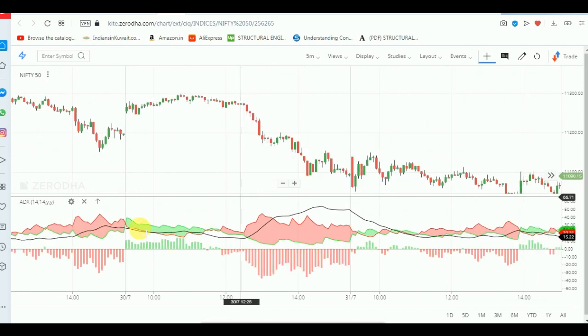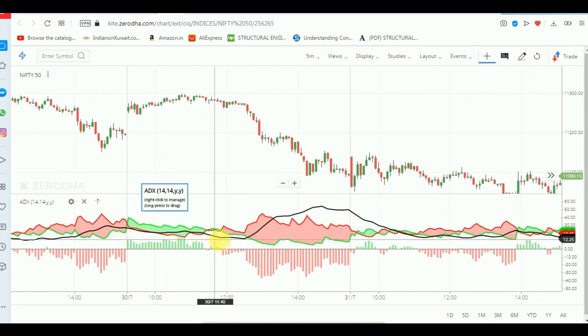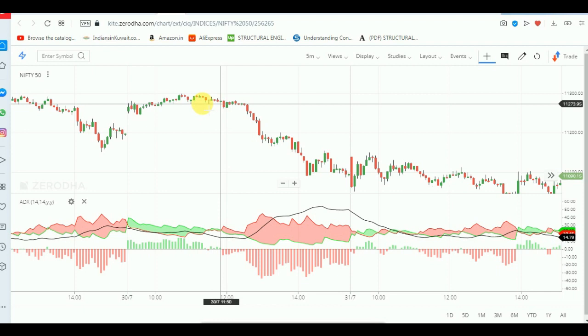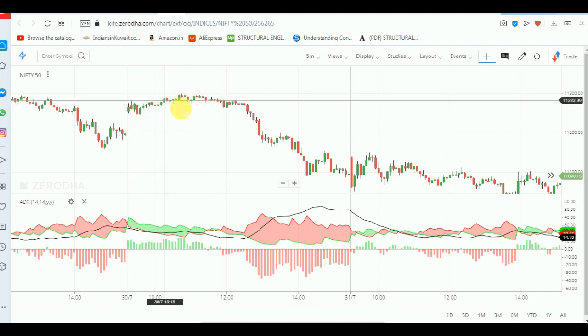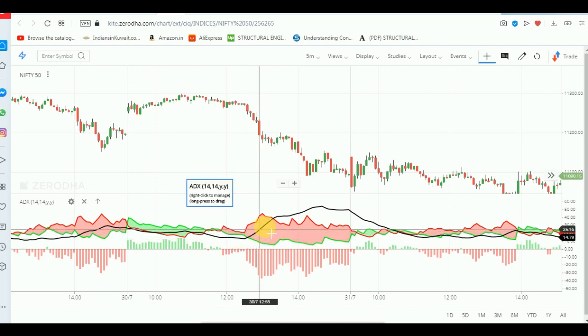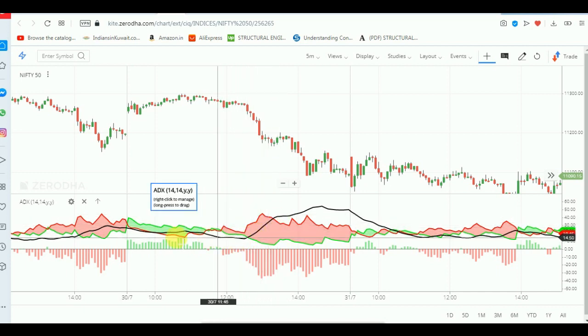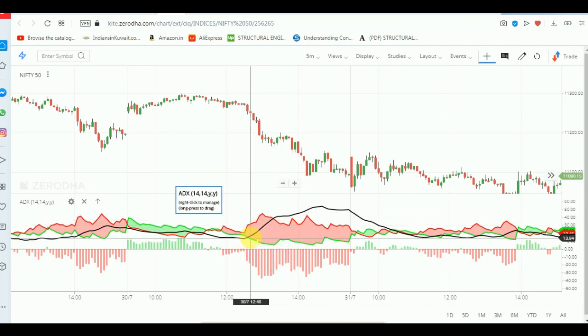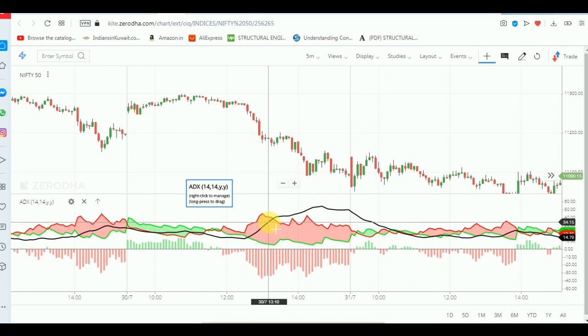Here you can see this average directional movement index is moving in a flat way till here, and here also there is no huge movement, and suddenly after some time it started moving in the upward direction, right? You can see from here to here there is no huge movement, but from here it moved drastically, which means that if it starts moving upwards, then the market will have a strong movement.